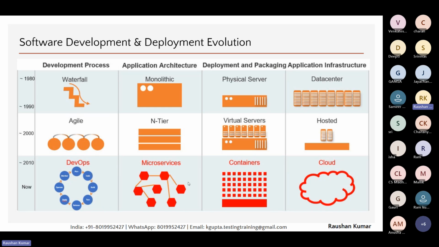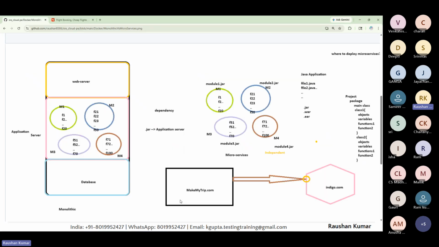Friends, making sense? What is microservices about? Splitting the services individually, making them independent. If I tell you, friends, if Indigo website is down, Make My Trip will be down, will you like that statement?